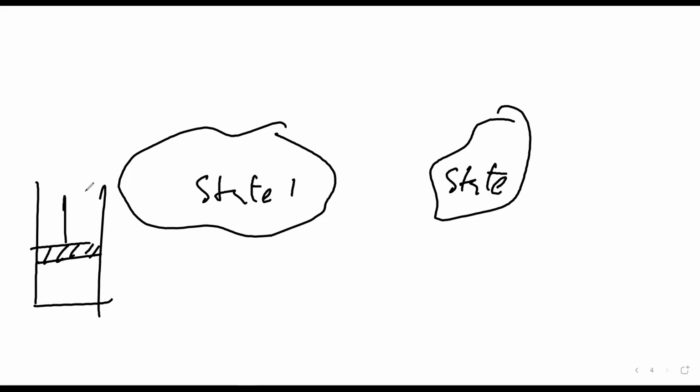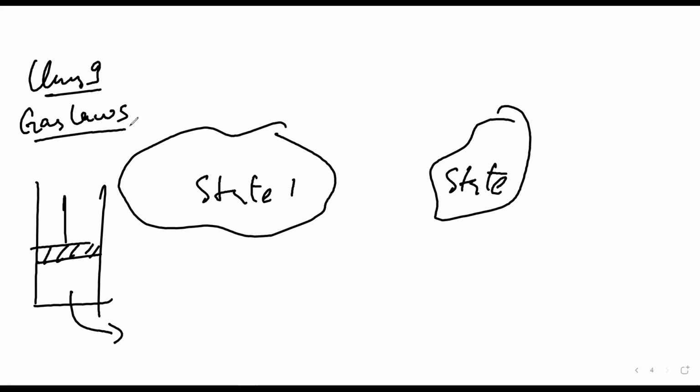For example, in class ninth also, there is a chapter by the name of gas laws. If you remember, this was the last chapter in chemistry. There, for example, the initial pressure is 1 atmosphere and the final pressure is 0.5 atmosphere.